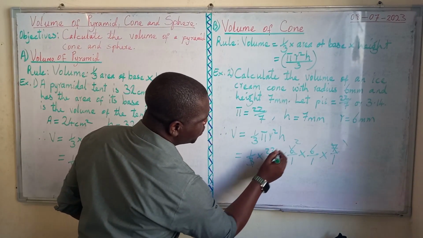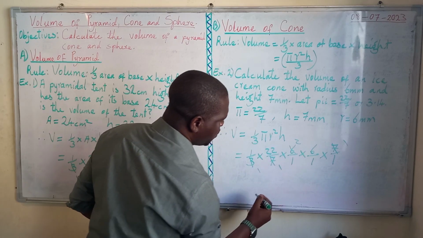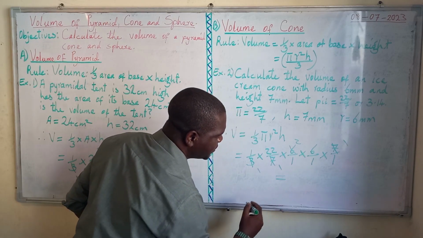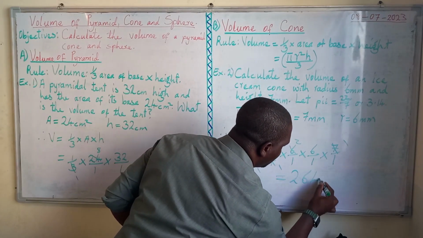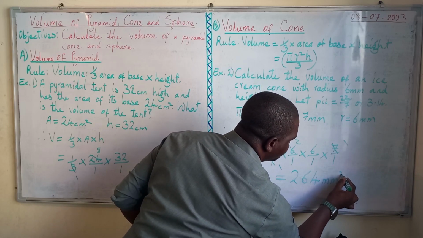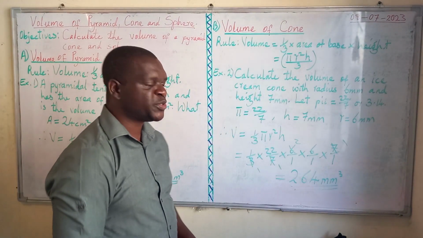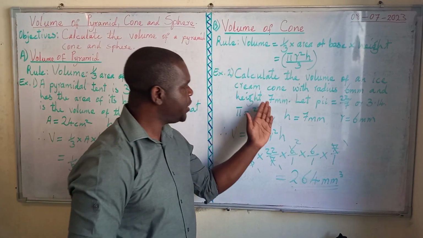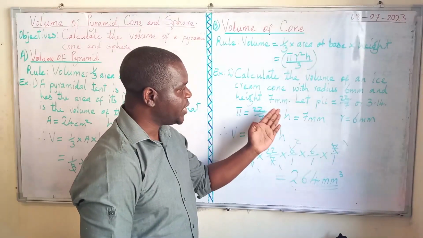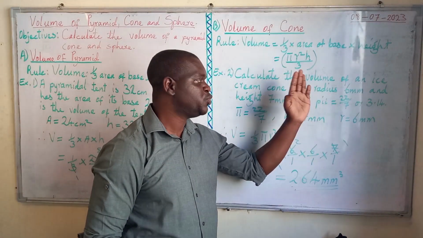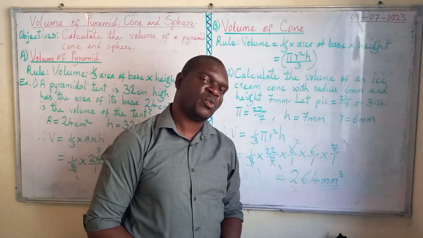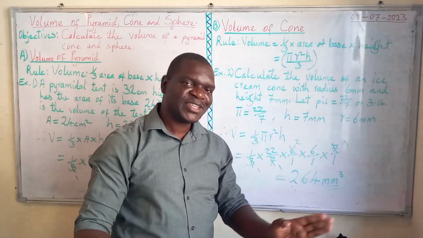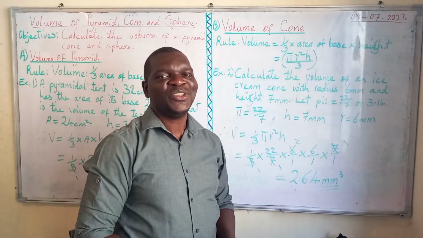So it will be 22 times 2 times 6, which is going to give a total of 264 millimeters cube. So this is what you're supposed to do if you're asked to calculate the volume of a cone given the radius and the height. Always, pi is a constant, 22/7 or 3.14. Either of these is okay, depending on which choice you want to make.